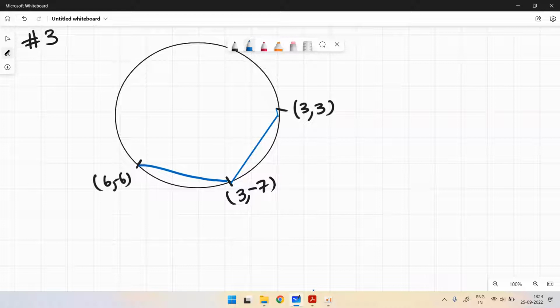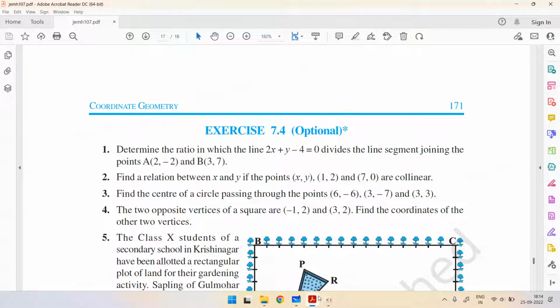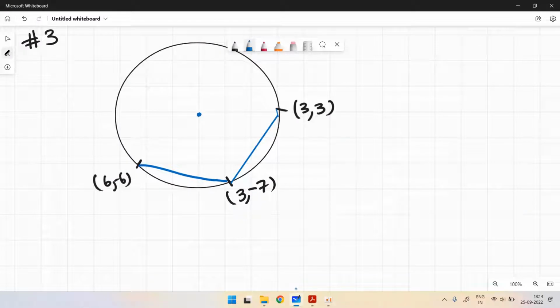And you know that the center is somewhere here, and what you need to find is the center of the circle. The one thing you know is that the perpendicular is drawn from the center. Let me consider O, and this (x, y) is my center. This is 90 degrees.